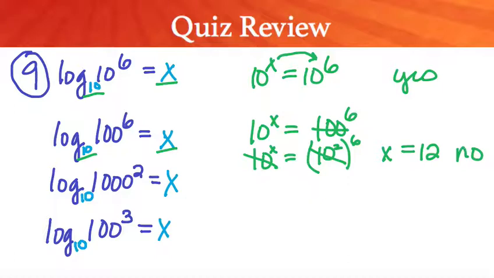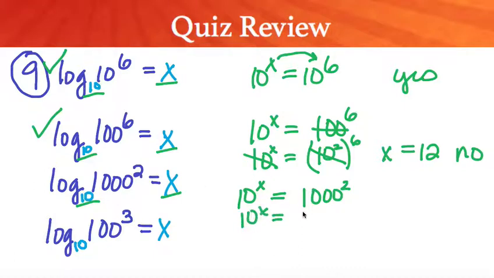But I need to keep going just to make sure I've checked them all. So I checked this one and I've checked this one. Let's do it again. I'm going to go 10 to the x, switching it to an exponential, with this 1,000 squared. Basically, 10 to the x equals 1,000 is really 10 cubed.